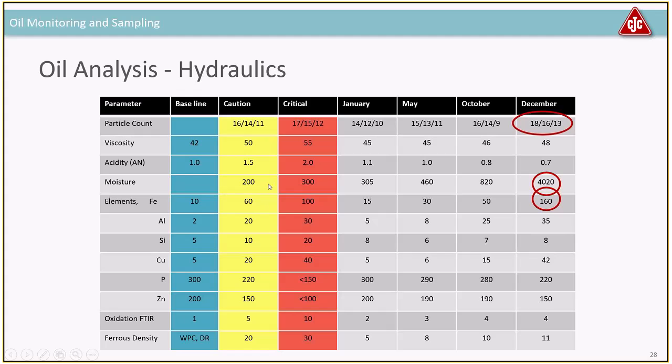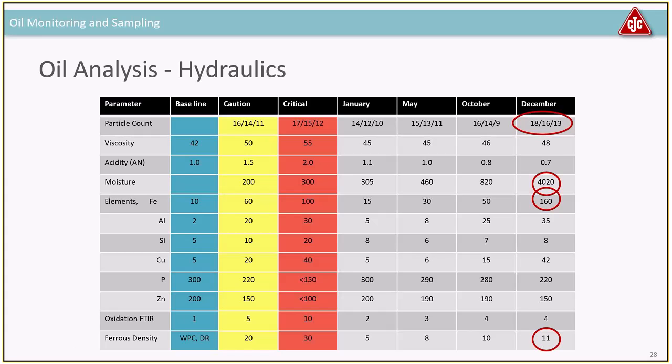That will start to generate some iron content, so you can see your iron is increasing. 160 ppm of iron is a lot for a hydraulic system. What is funny is that if we look at the ferrous density, the metals that are magnetic, there's actually not a big change, and that's because all the iron you see here is rust, and rust is not magnetic.